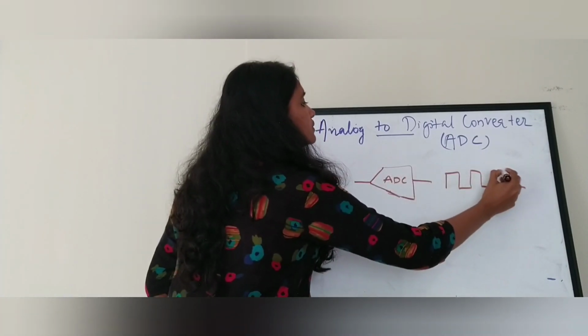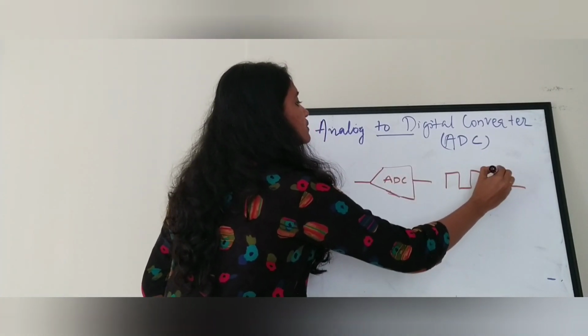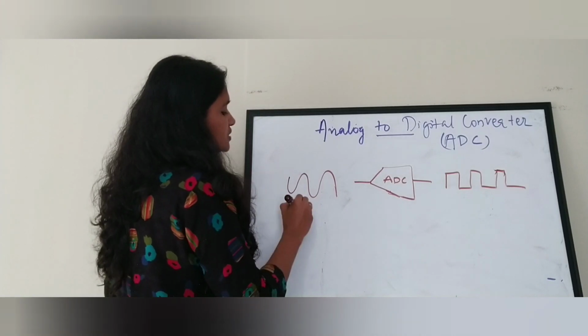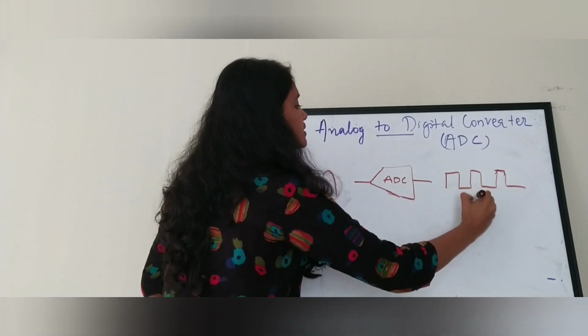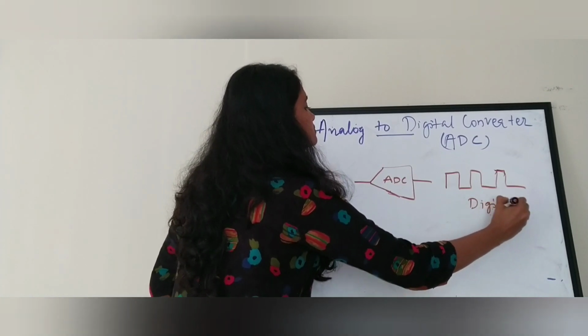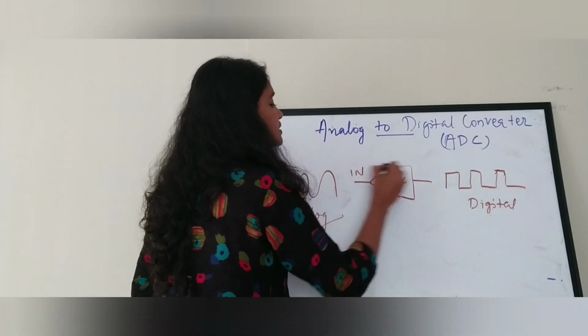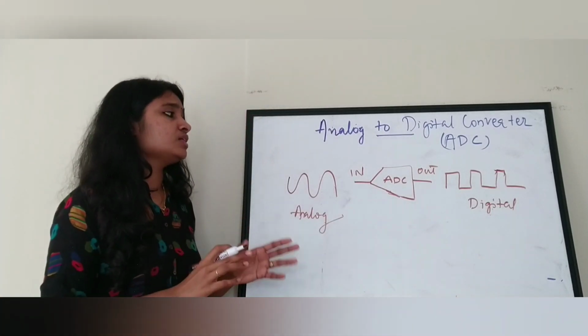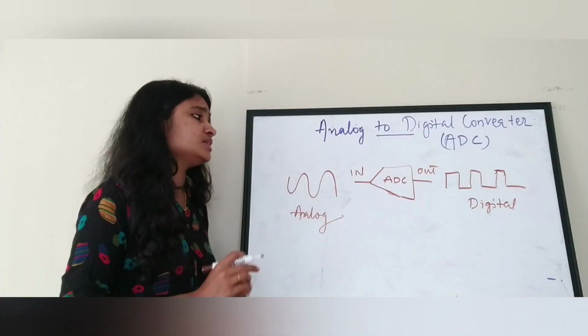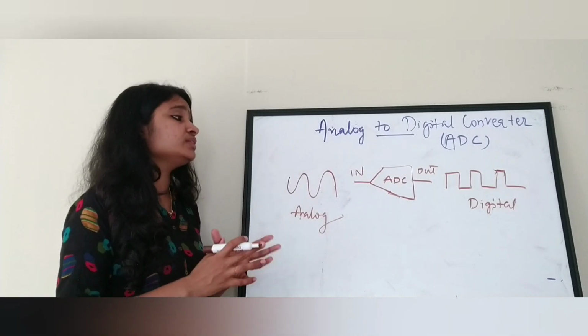So the input is analog and the output is digital. So this is the in and this is the out. Okay, so this is actually the primary role of an ADC.